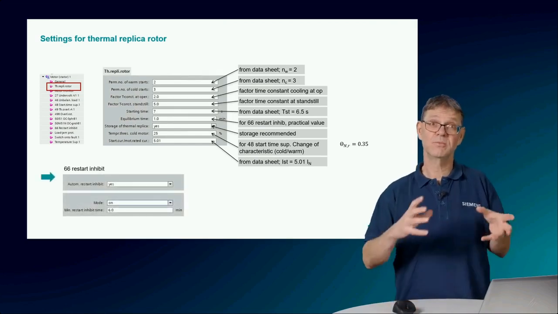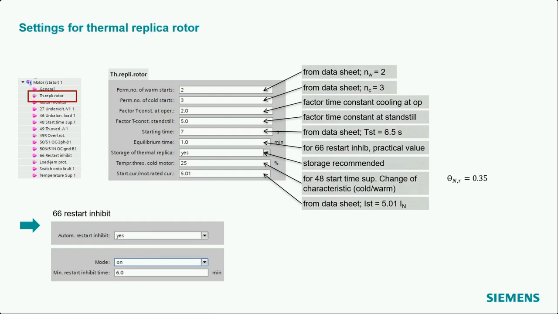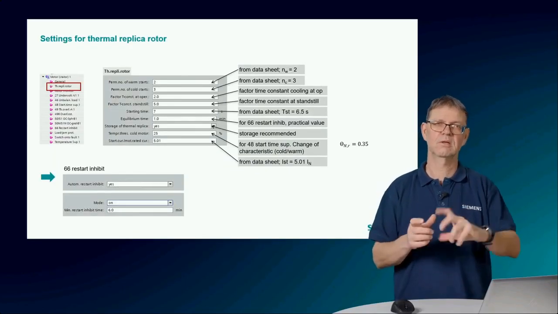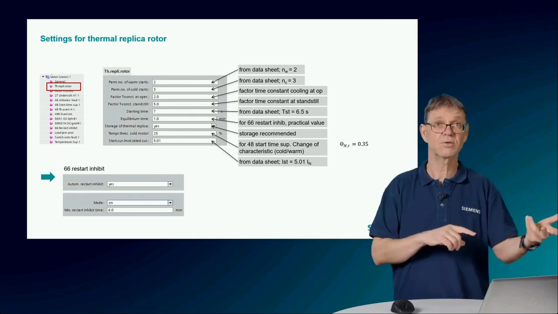Okay, so from these settings we have the restart inhibit function deriving from this thermal model. Here we have only a few settings, as you can see on the slide. The first one is a little bit special. It's called automatic restart inhibit. That means if I set this to yes, the function does not produce only the restart inhibit signal to block a closing command externally.